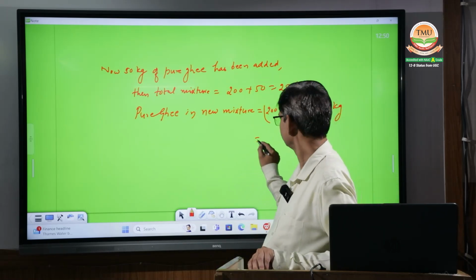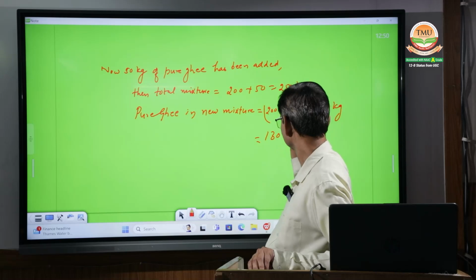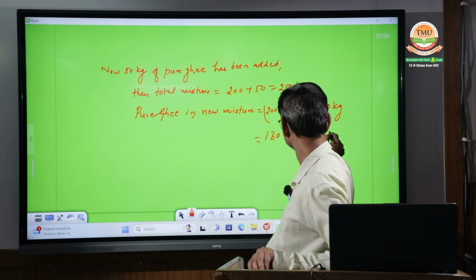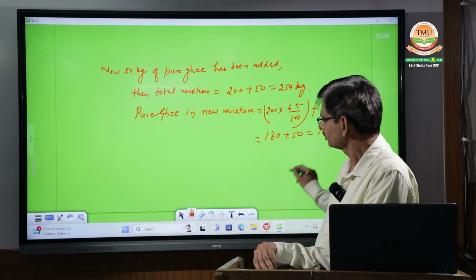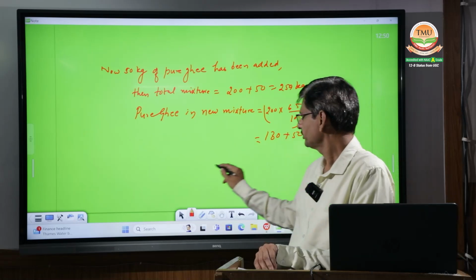This is 130 plus 50, that is 180 kilograms.